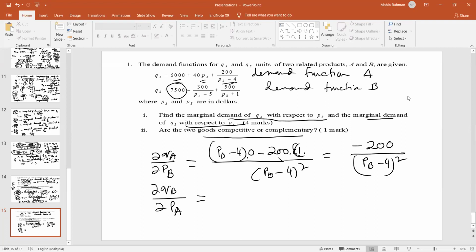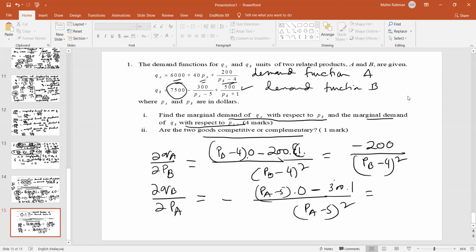Now PB is constant, so this part will also be 0, and this part will be minus, PA minus 5, then the derivative of 300 is 0 minus, you have to write down 300, the derivative of PA minus 5 is 1, divided by PA minus 5 whole square.